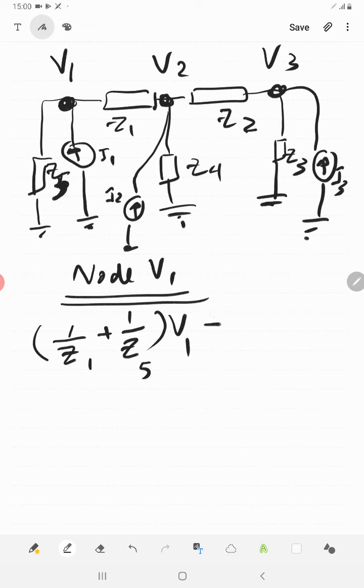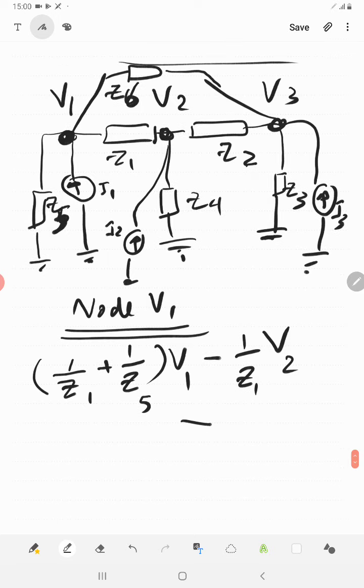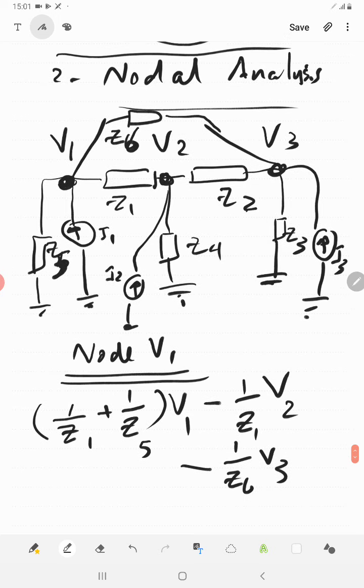Then minus 1 over Z1 times V2, minus, let's assume that we have here Z6 connected like this, minus 1 over Z6 times V3, because Z6 is connected to V3.